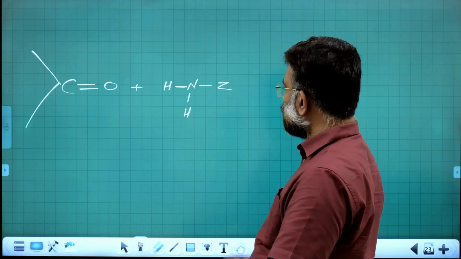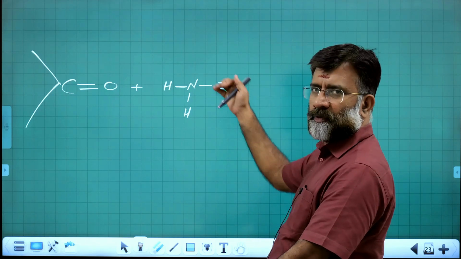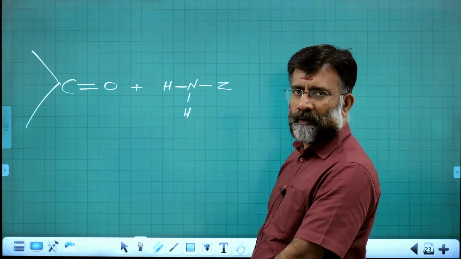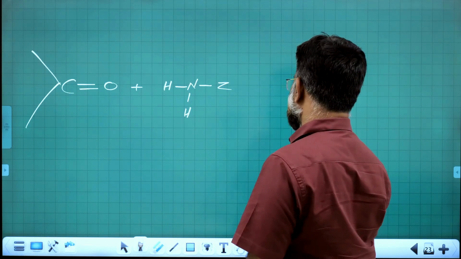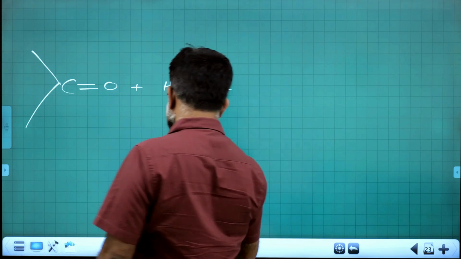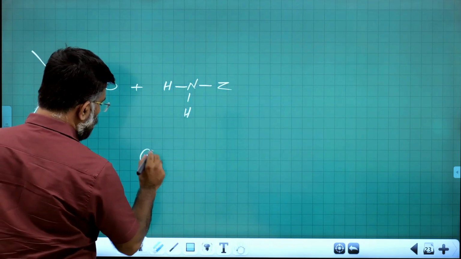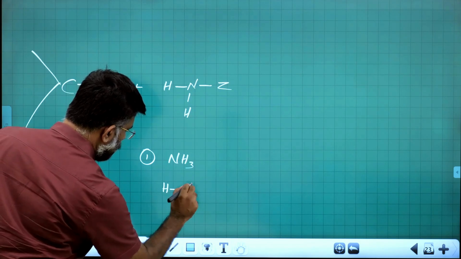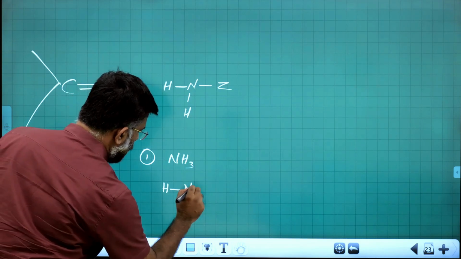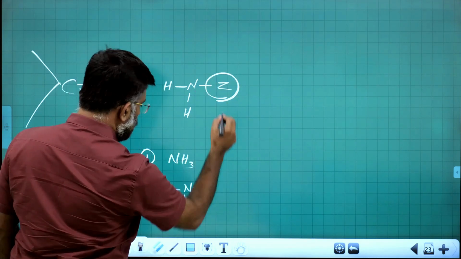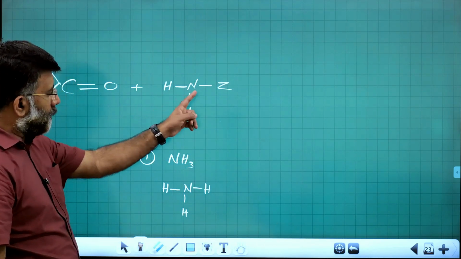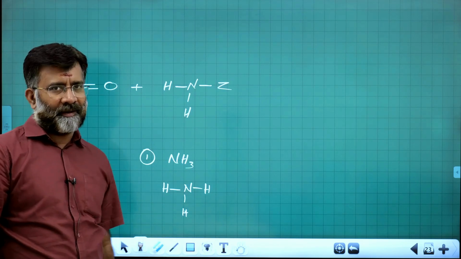We can keep on changing Z for the various examples. Say, for the reaction with ammonia, it is H, N, H, and in the place of Z there will be H.